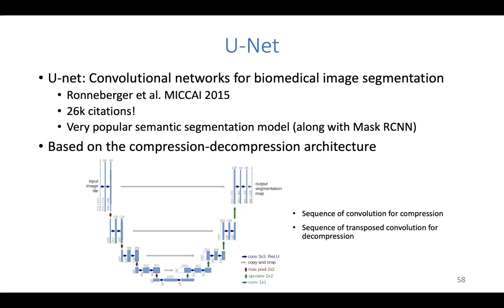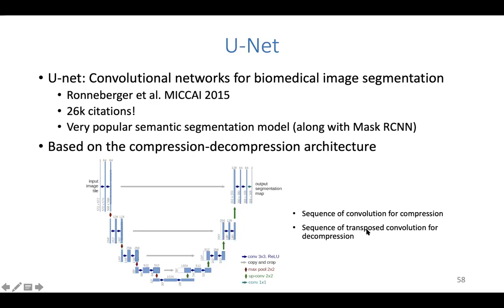Right? Okay. And so this is why it's called UNet. It's shaped like a U here. Half of this U is compression, and the other half of the U is decompression or expansion. Compression is done by a sequence of convolution plus max pooling, and decompression is done by a sequence of transposed convolution.